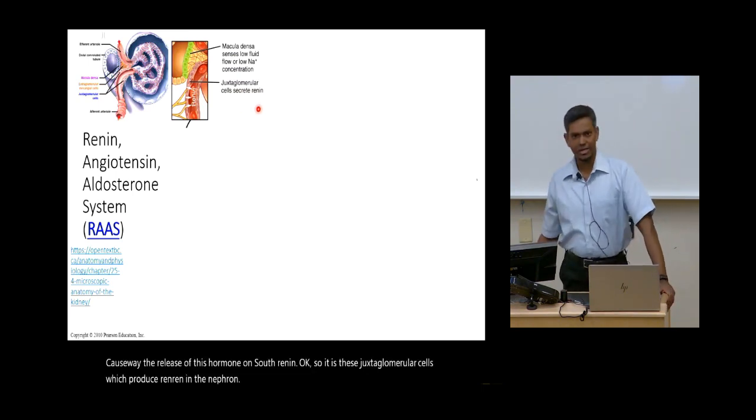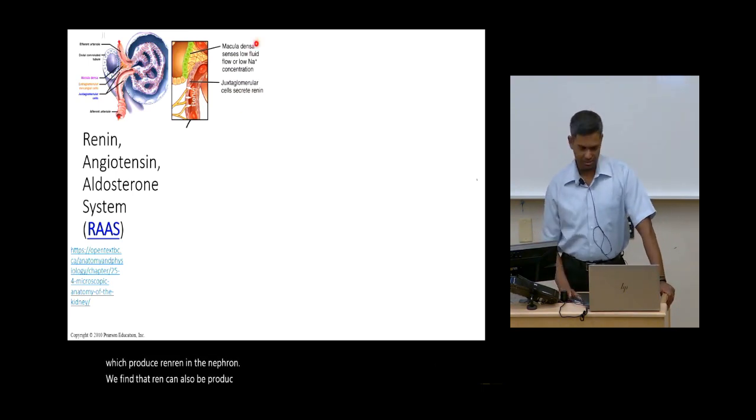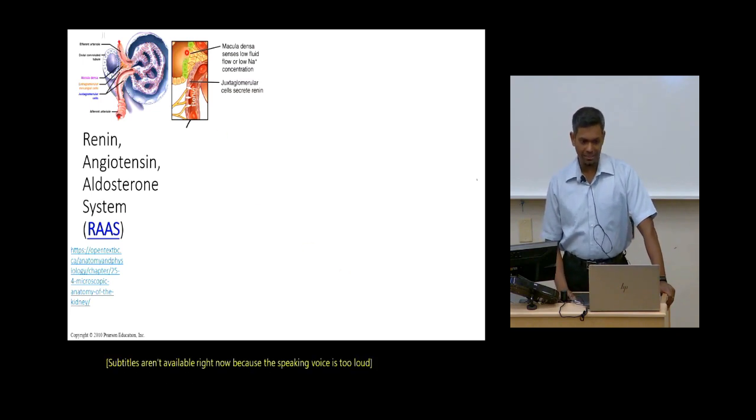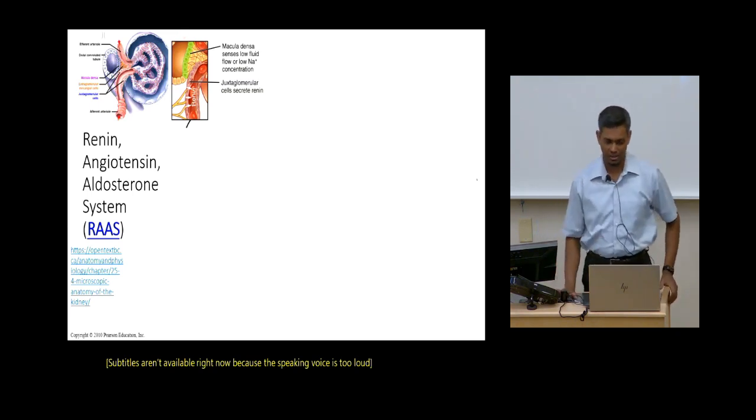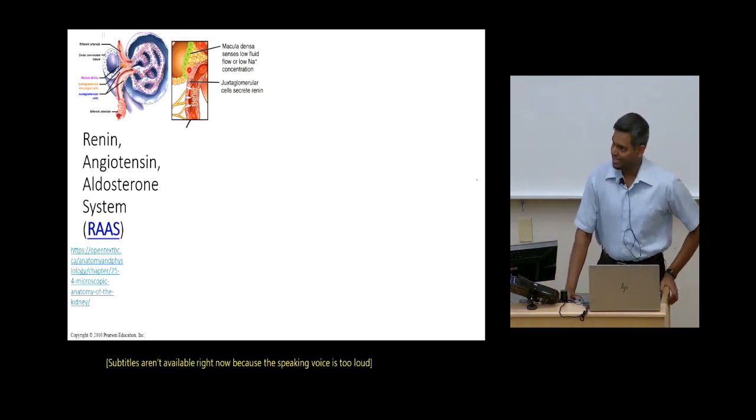We find that renin can also be produced for another reason, and that is when the macula densa cells, which are in the distal convoluted tubule, which comes in contact with the glomerulus, these are osmoreceptors and chemoreceptors.